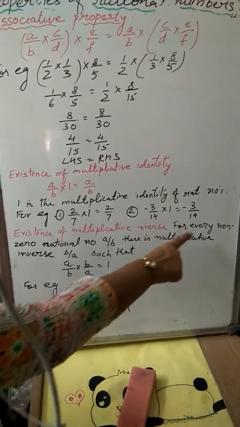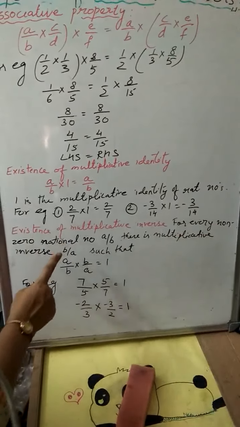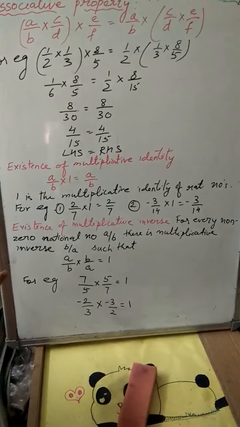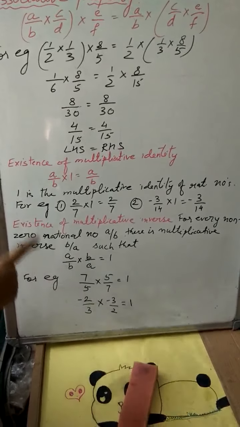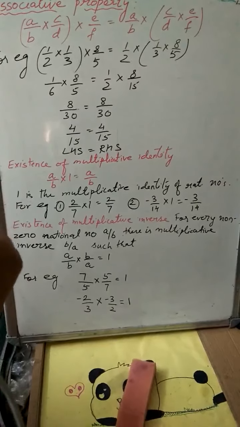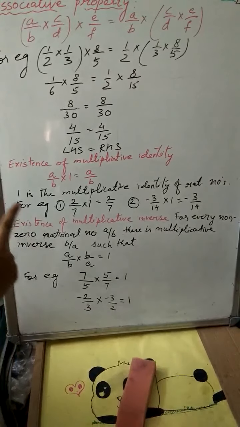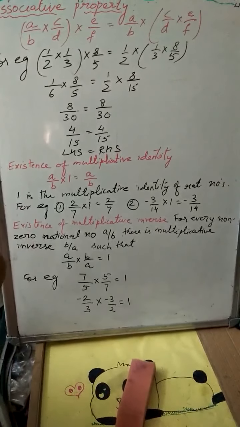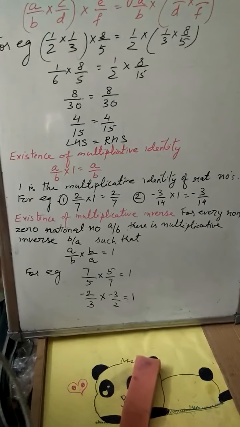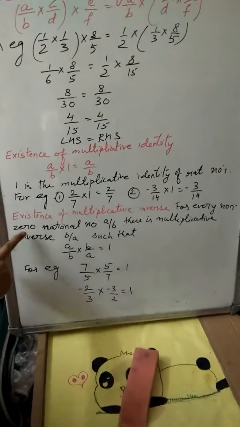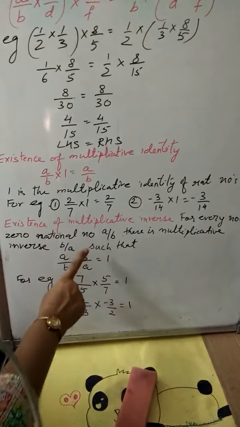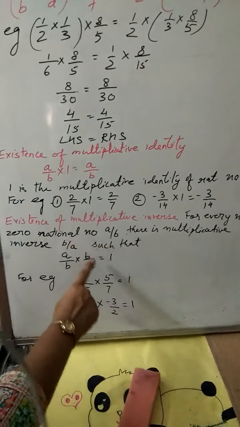Let me first explain what a non-zero rational number is. 0 is also a rational number, because we can write 0 as 0 by 1. But when you take the inverse, it becomes 1 by 0, which is not a rational number. So 0 should not be considered in this case. Except 0, it is applicable to all rational numbers.